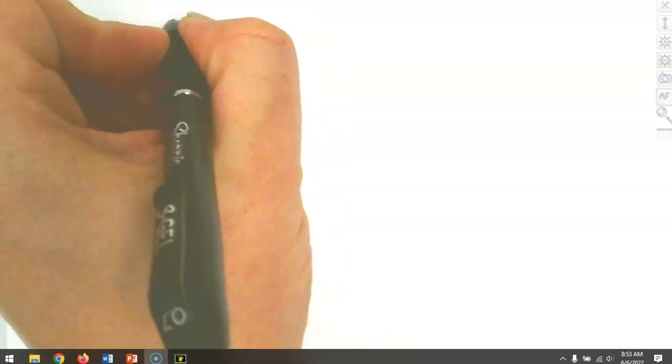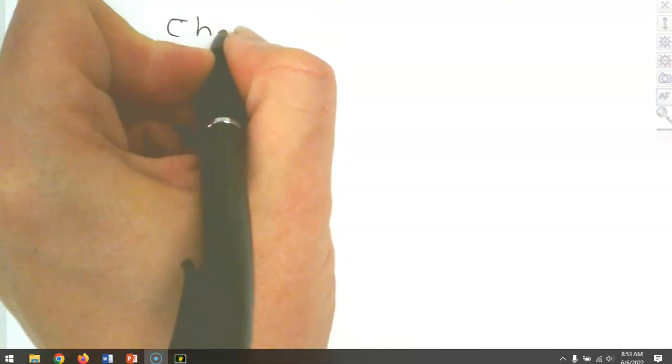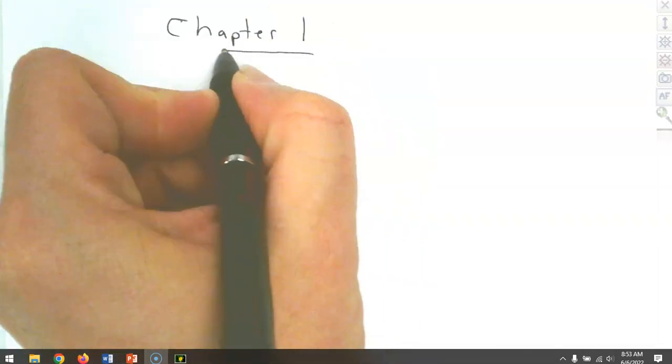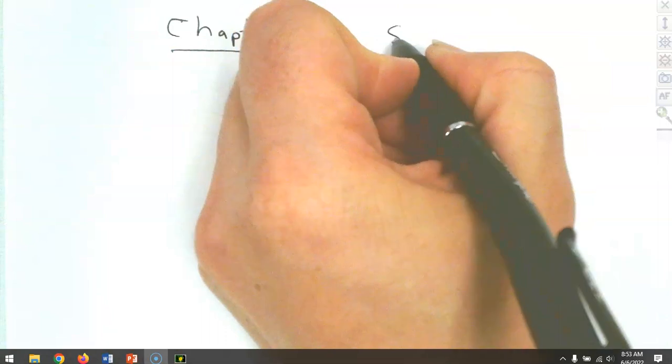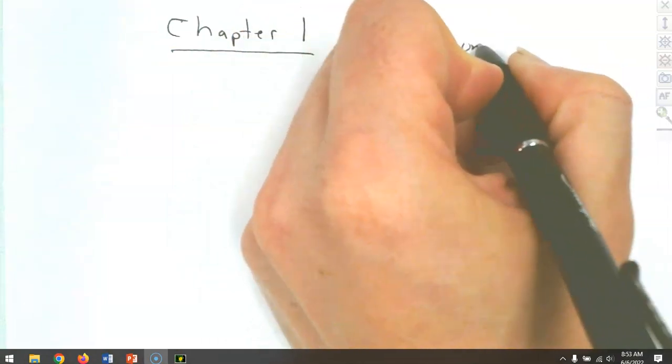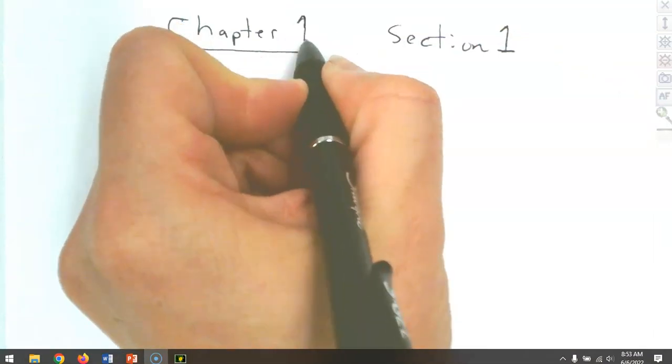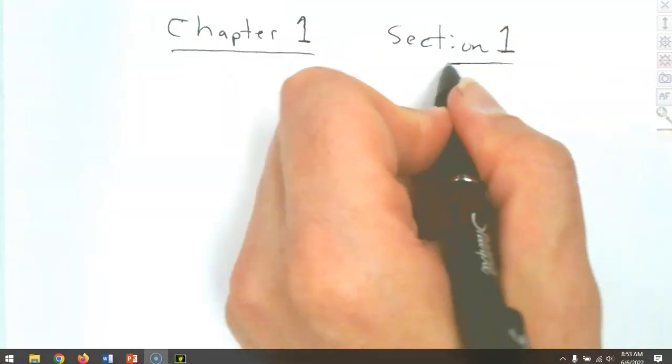And we're going to start with Chapter 1. So we're going to look at Chapter 1, and we're going to look at Section 1. Okay, so Chapter 1, Section 1 here.